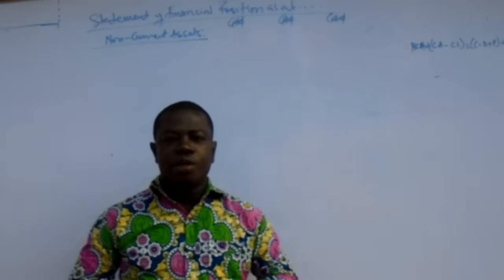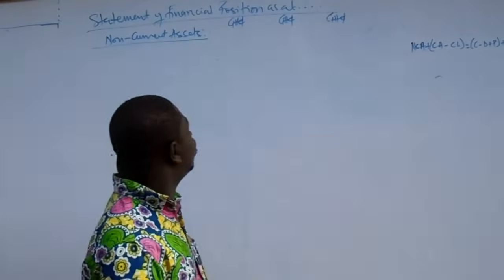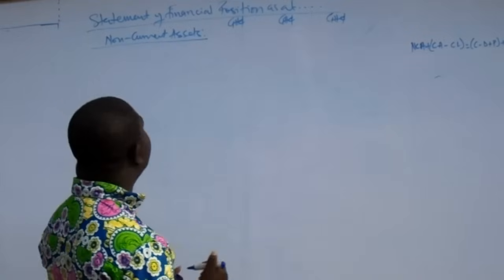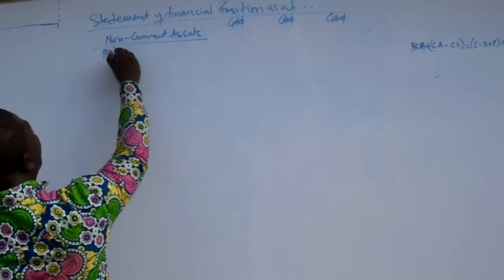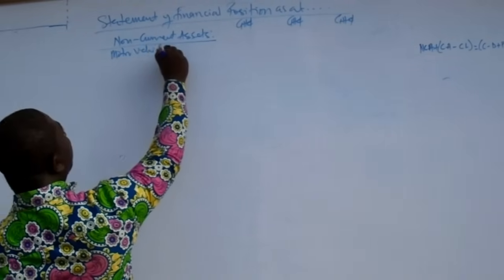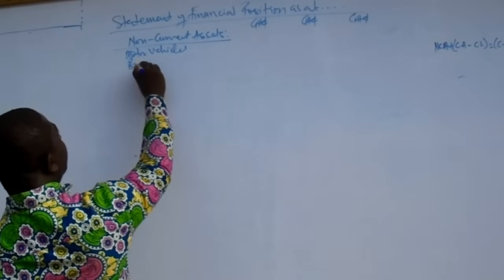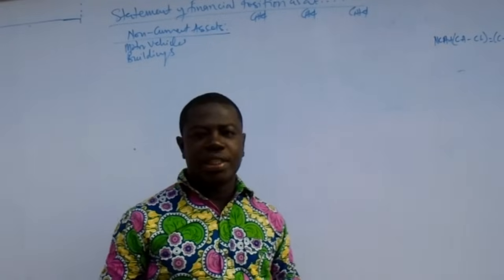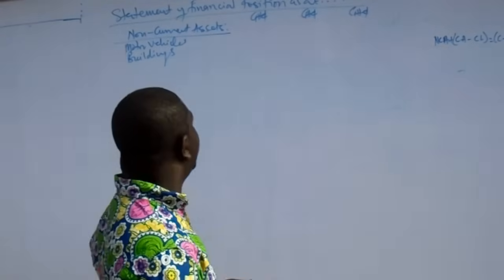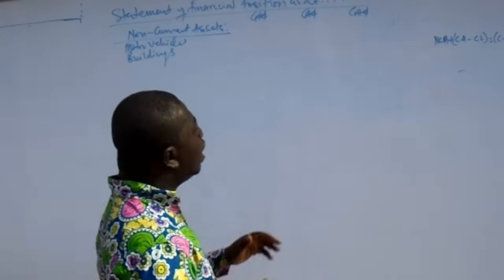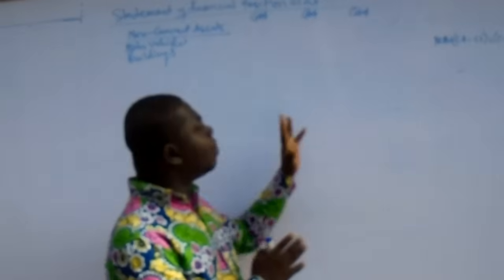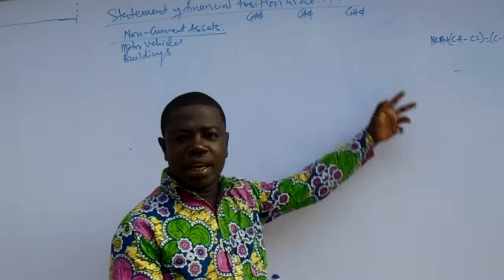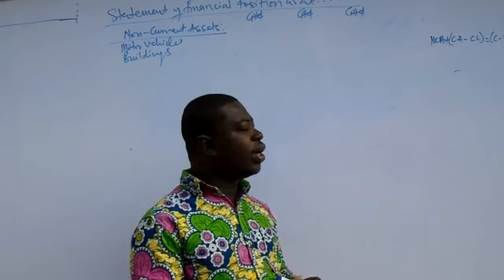Non-current assets. What are the types of non-current assets that we have? Let's assume that for this sole trader, he's using motor vehicle and then some buildings. So these are the non-current assets for this sole trader. We have to analyze them into our cost, then take out the depreciation and have our carrying amount or net book value.